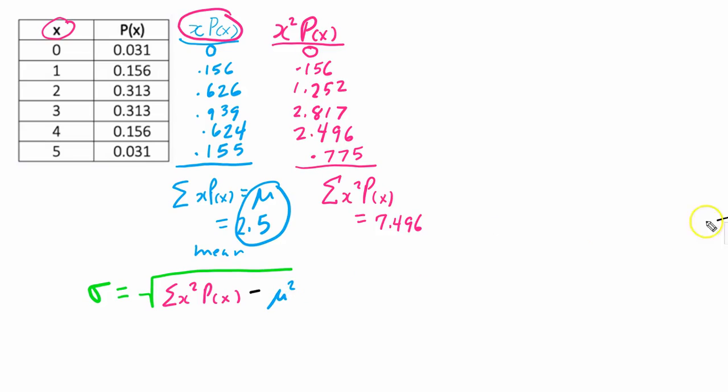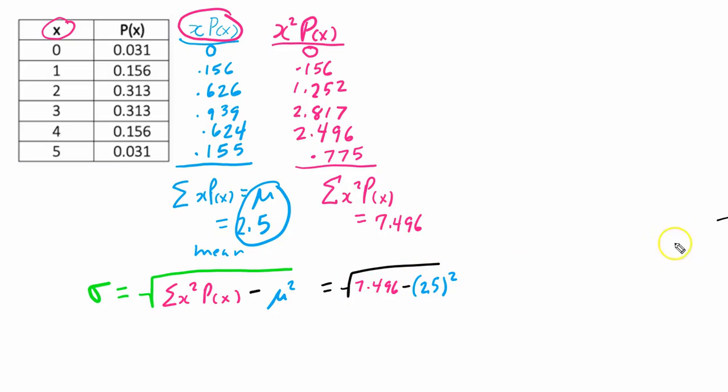So that's going to be equal to the square root of, well, this was just 7.496 minus my mean squared, so 2.5 squared.